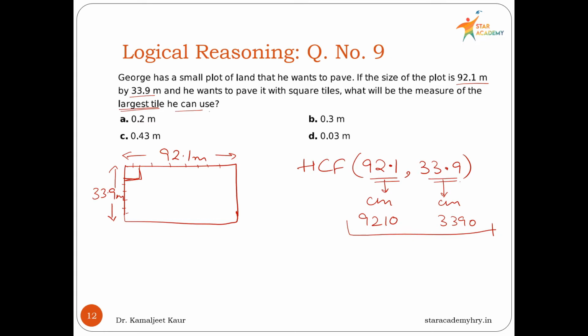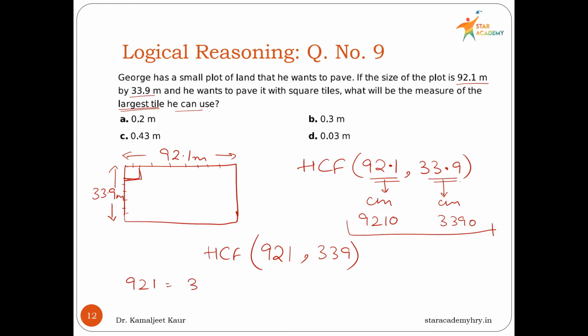The other way is, because each of these numbers has only one decimal place, just skip that and find the HCF of 921 and 339.